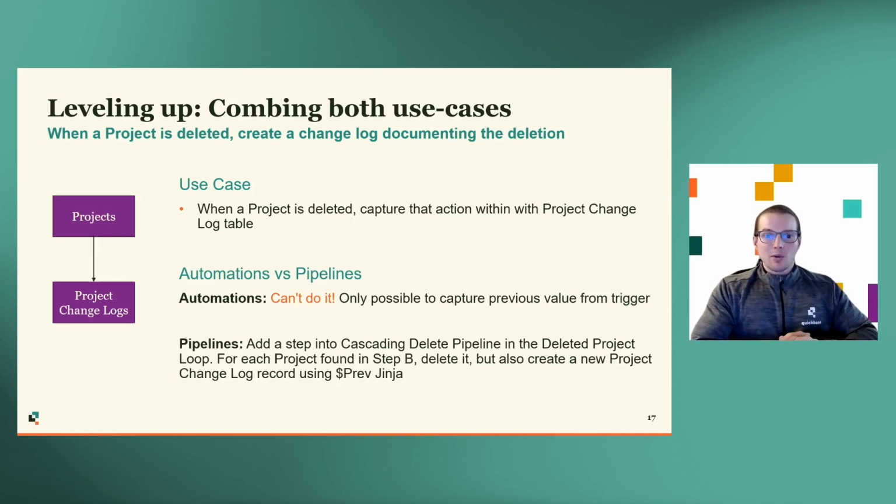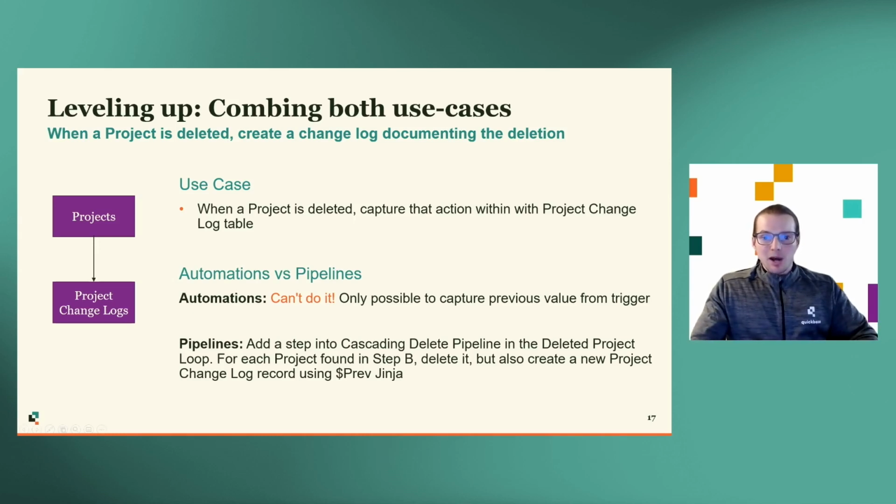So if I were to try to go into either of the automations that I showed you those screenshots of and try to implement that workflow where I'm actually adding in a step to log the change of a deleted value, you can't actually do it. You would have to do a number of things to work around that to get the outcome that I'm looking for here.